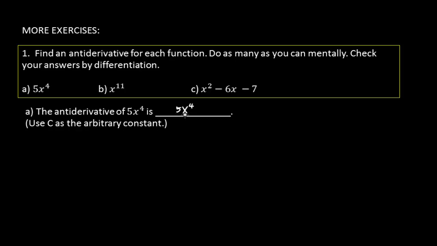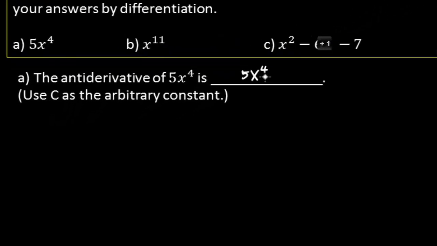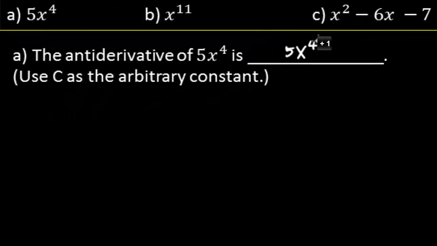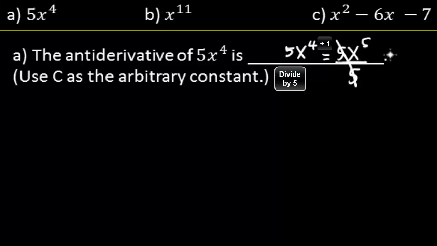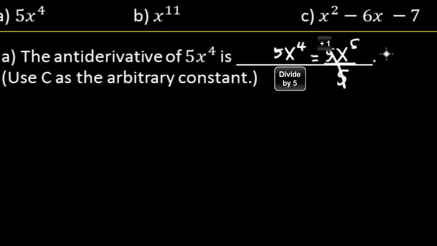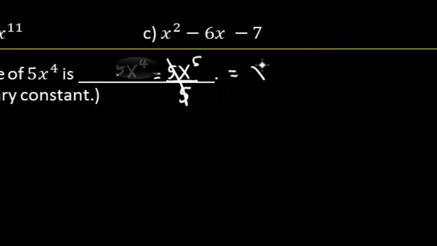So you apply the power rule just like you do with the derivative, but this time you add instead of taking off, and then you don't bring down, but you write it as 5 times x to the fifth over 5, and that cancels out, and so your antiderivative would be equal to x to the fifth plus a constant.